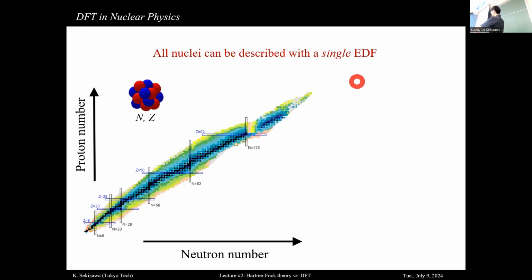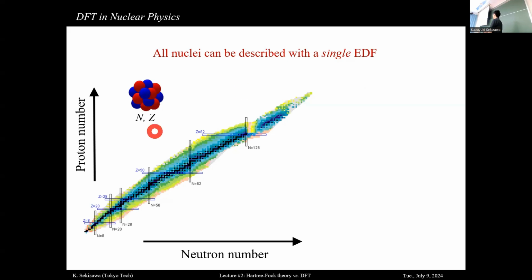And after the self-consistent calculation, you can end up with some ground state. You can get the ground state energy and ground state density. And in practice, you can calculate various observables: shapes, radii, separation energies, and so on.